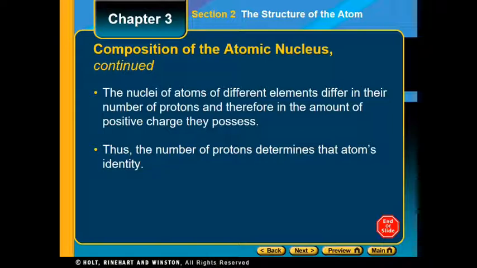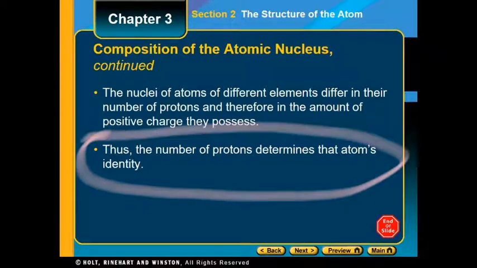I'm looking at carbon. Carbon has 6 protons. I'm looking at neon. Neon has 10 protons. The number of protons will determine an atom's identity. And again, if you're looking on the periodic table, we call that the atomic number. The atomic number is what determines an atom's identity.